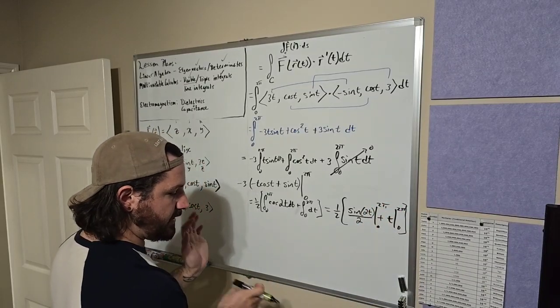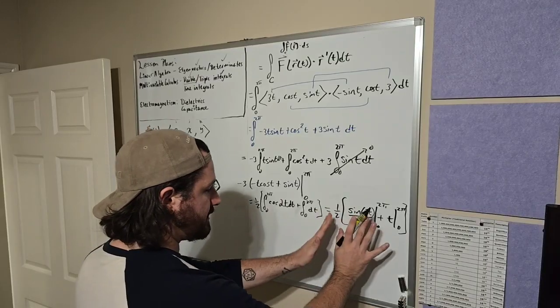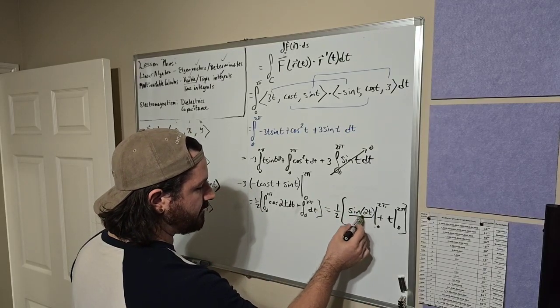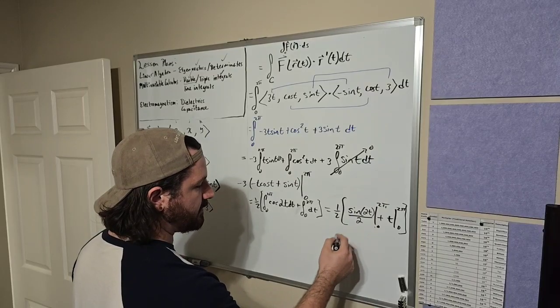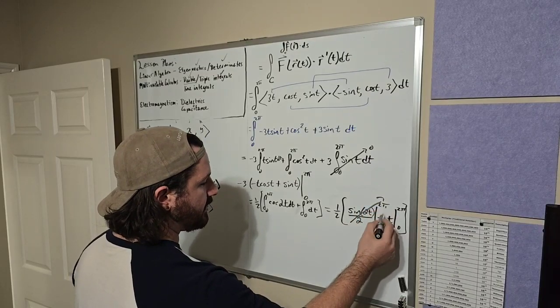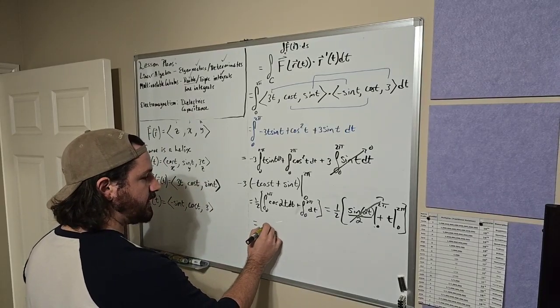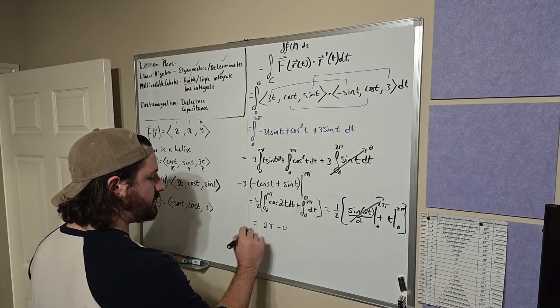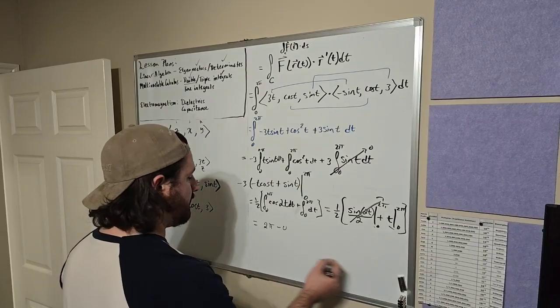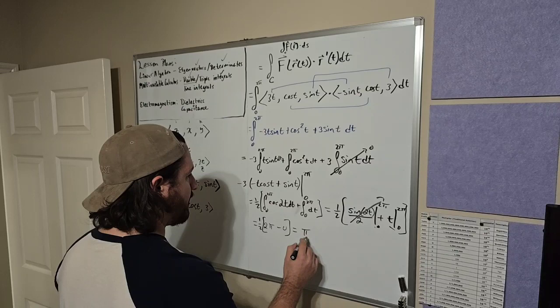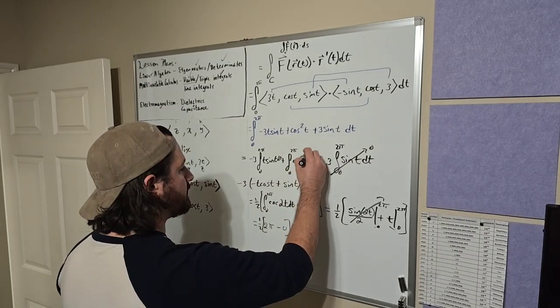Good. Conveniently for us, we can actually stop there on this one. We don't need to do a whole bunch of expansion, because 2 pi and 0, so you have 4 pi and 0, sine at both of those is 0. So this goes to 0, and now we can just evaluate this last piece, where we get equals 2 pi minus 0, so it's just 2 pi for the t times 1/2. So this piece equals pi. So this one here is going to go to pi.